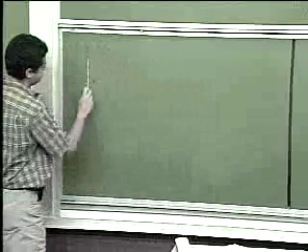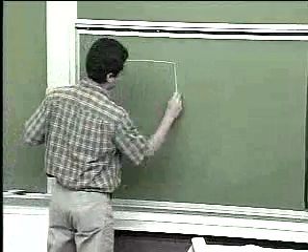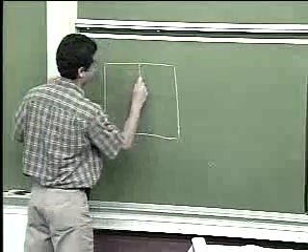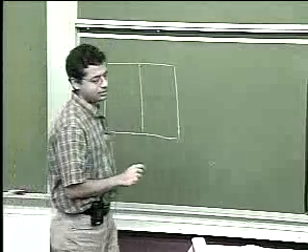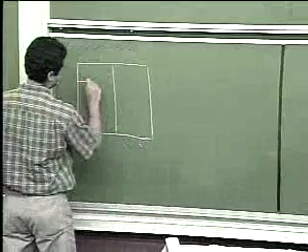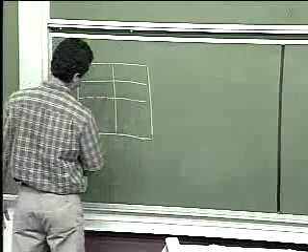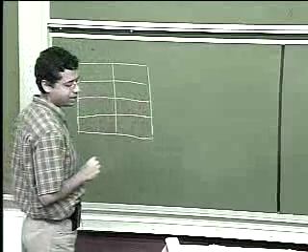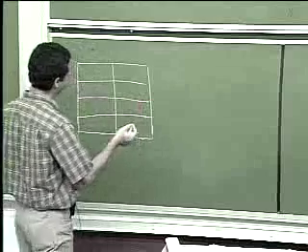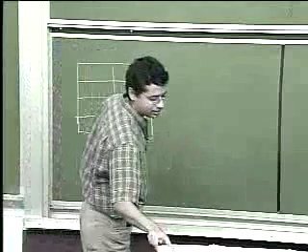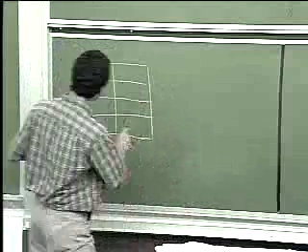So let's say you had a routing table with 4 interfaces and 4 prefixes. So 1, 1, 1, star.